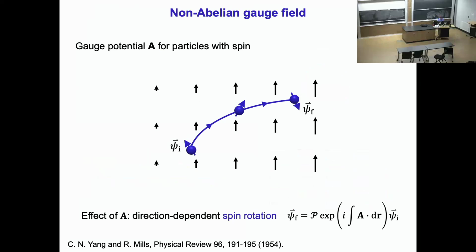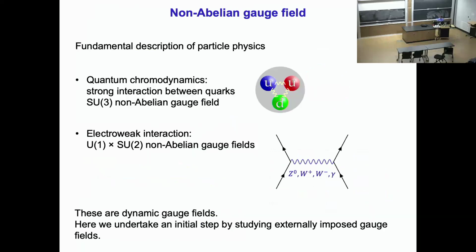If you have a particle with spin, it couples to a non-abelian gauge field, and that can be thought of as a direction-dependent spin rotation. This is obviously important for this audience, because that's the fundamental description of particle physics. And there aren't that many good experimental platforms to explore the consequences of non-abelian gauge field, at least from an engineer's perspective.